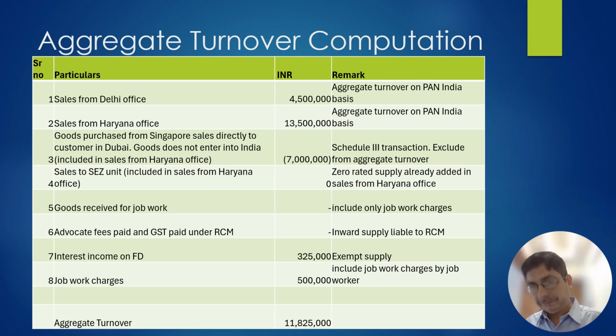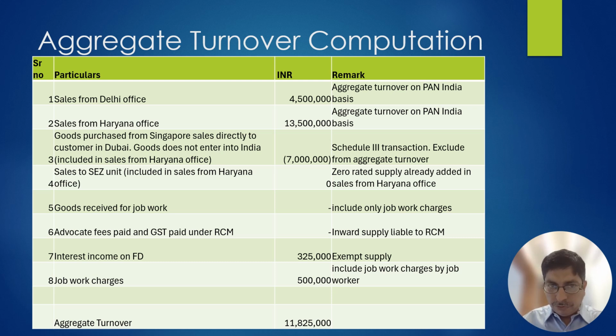One tricky question. Before that, what is aggregate turnover? 1 crore 18 lakh 25,000 is the aggregate turnover. Now, one point I want to mention here: interest income, which is exempt supply, where the consideration is against loan or FD, is to be included in the aggregate turnover.